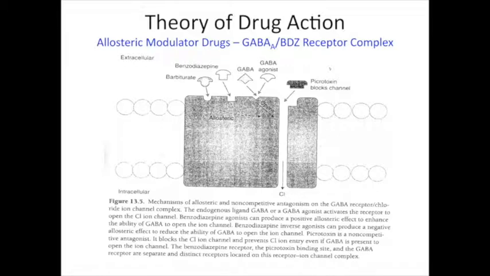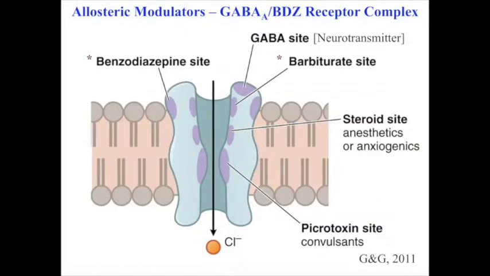Those are allosteric modulations. And this is another cartoon. Again, chloride channels are the heart and soul of this business. The GABA receptor is on the tip there. There's a barbiturate site, in this case located near the channel, and there's a benzodiazepine site. Activating the benzodiazepine and barbiturate sites doesn't do anything directly to the chloride channel, but they facilitate the effects of GABA to open that chloride channel.